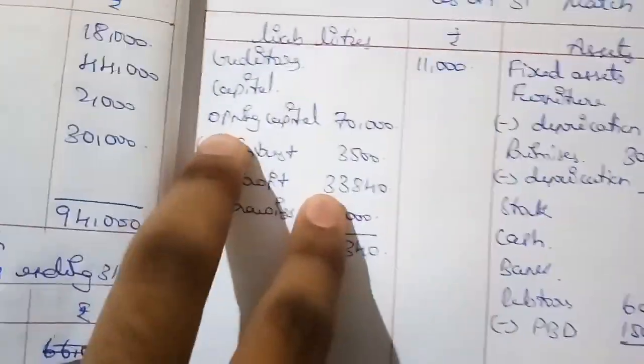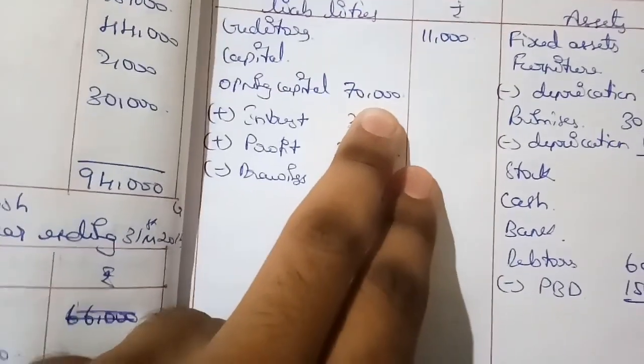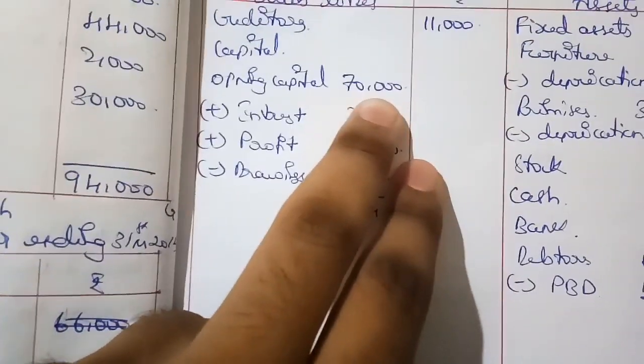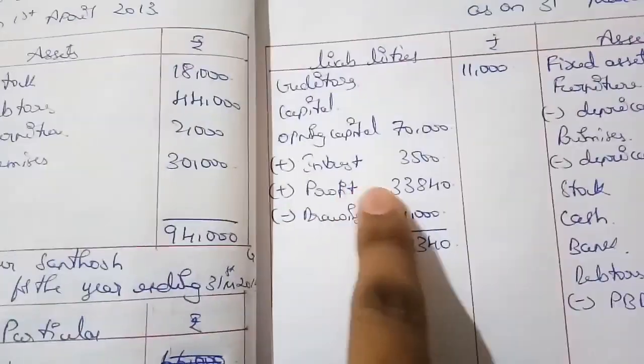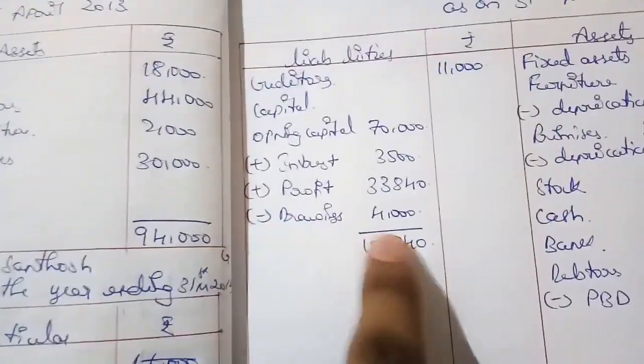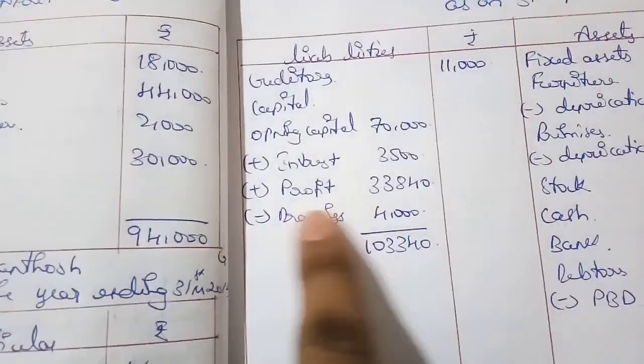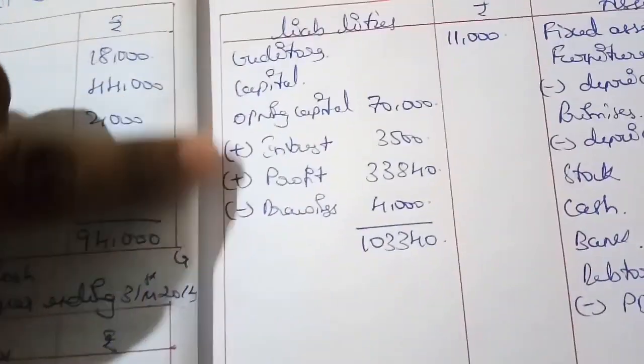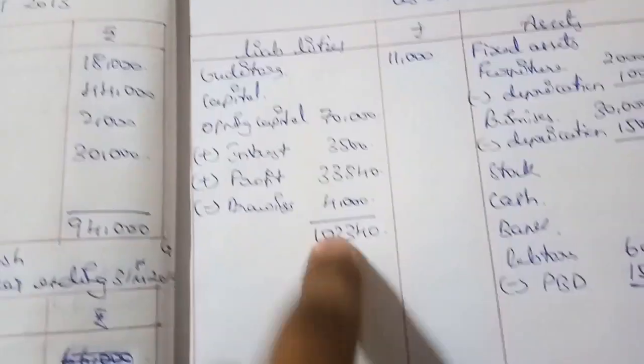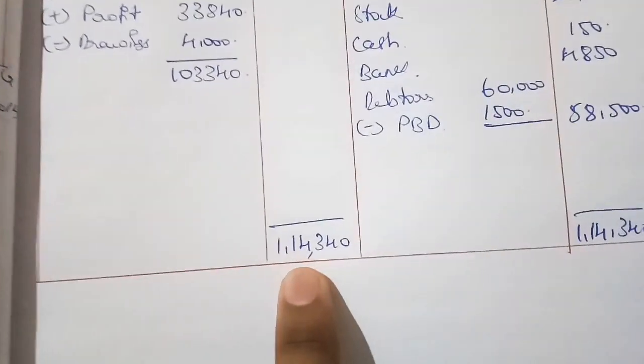So capital: opening capital we got from the opening statement of affairs, plus interest which we have done in profit and loss, and we have got profit also, that also will be added, and minus drawings. Drawings was in the question, we have not taken it elsewhere, so we have taken it here. It is plus, plus, minus. This is the answer.